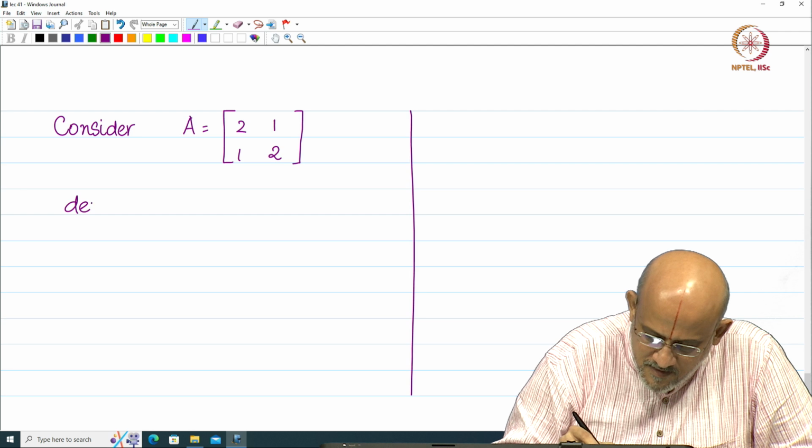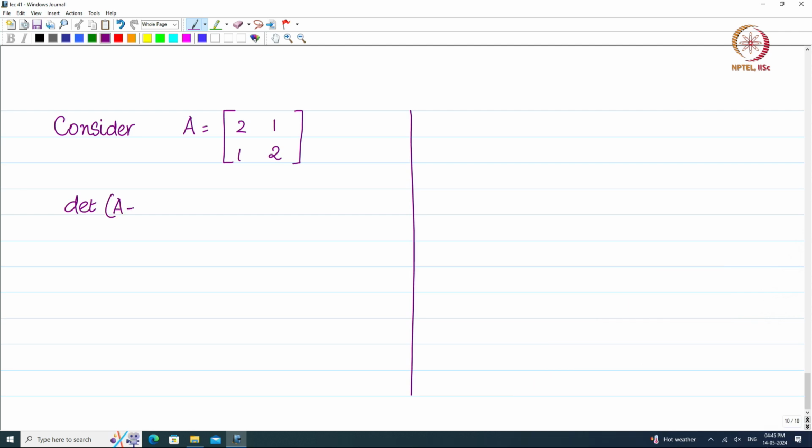So, we have determinant of A minus lambda I is equal to 0, which implies determinant of 2 minus lambda, 1, 1, 2 minus lambda is equal to 0. So, we get lambda square minus 4 lambda plus 3 is equal to 0.